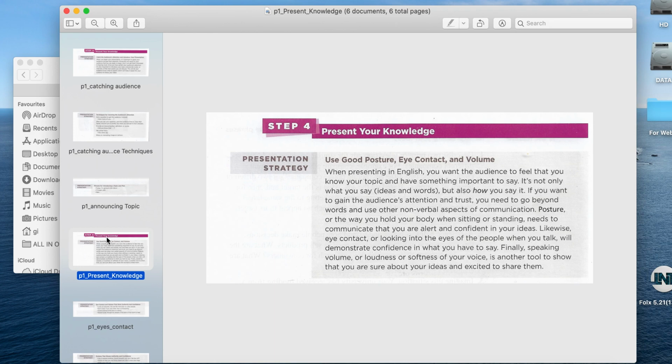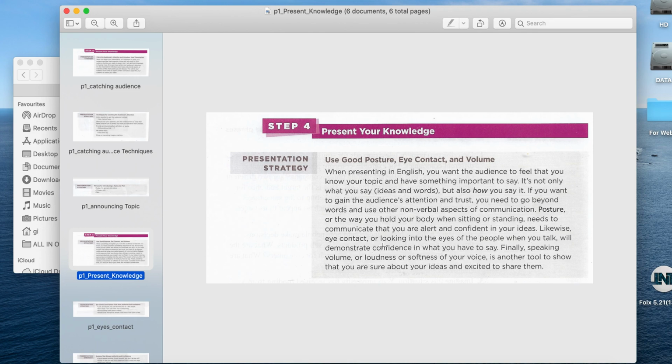Read it. When presenting in English, you want the audience to feel that you know your topic and have something important to say. If you come to the front of the conference or the class or your office, you have something important to say. That's why you are there. Otherwise, go sit down. It's not only what you say, ideas and words, but also how you say it.